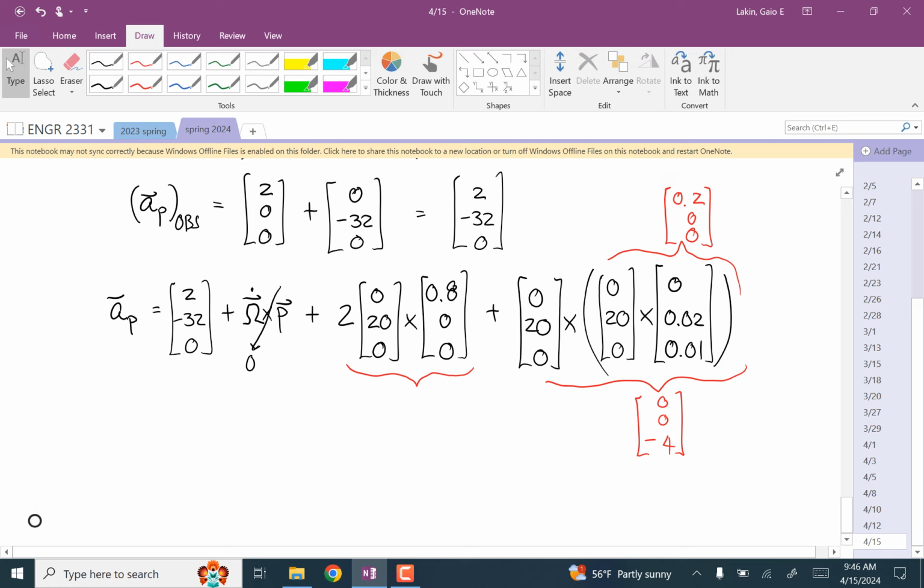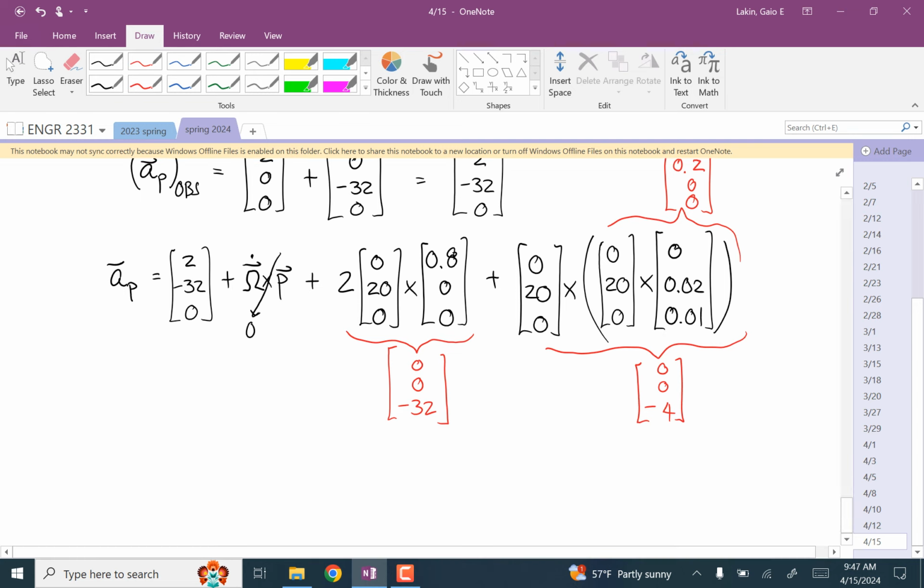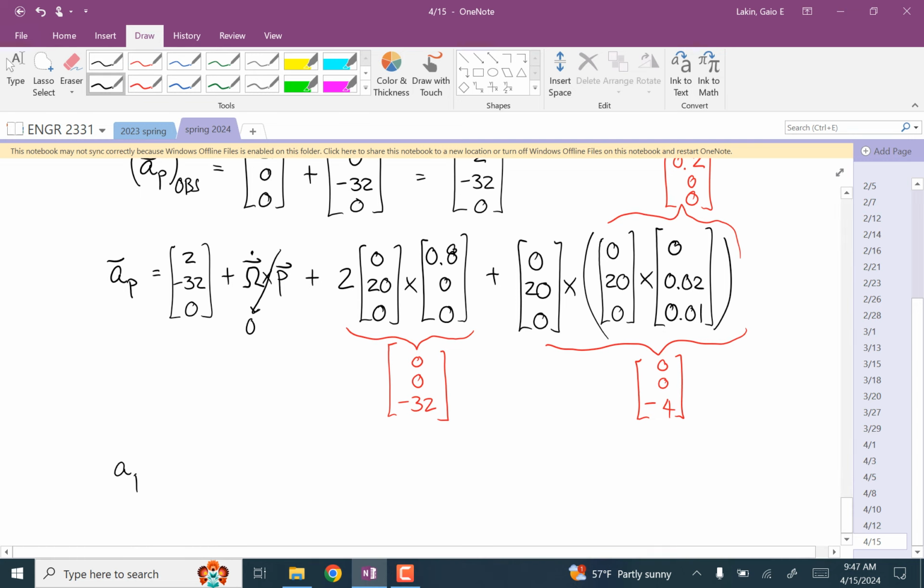This one is 0, 0, -32, if you multiply that 2 in there. And so the acceleration of that point P is 2, -32, -36.